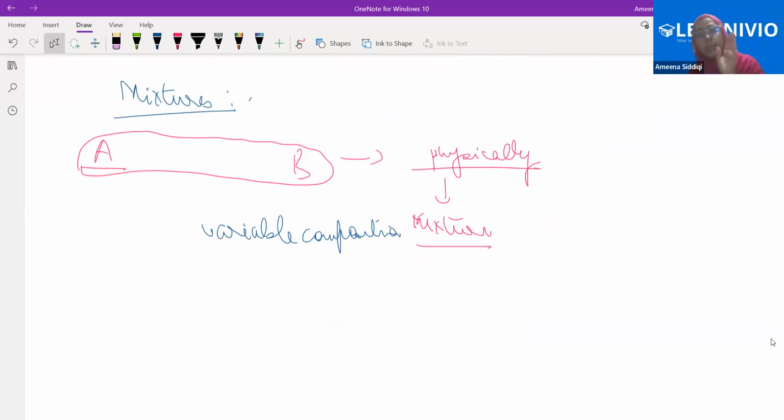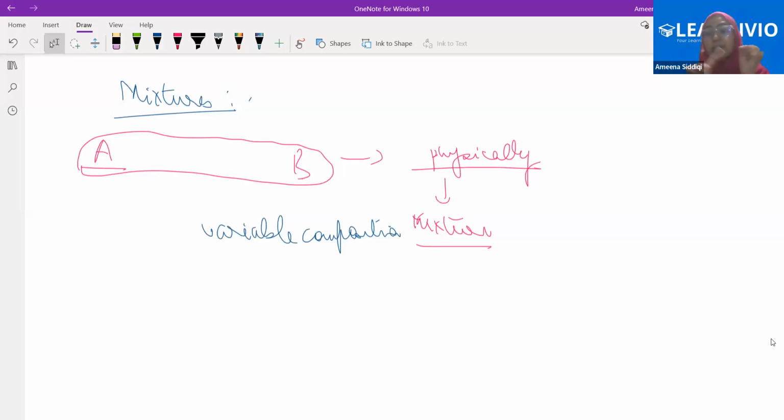Element is a clear-cut case of pure substance, same kind of items. Now at times people get confused whether a compound is a pure substance or not. Why? Because in a compound also A and B are combining together, and in a mixture also A and B are combining together. But the way they combine is different.